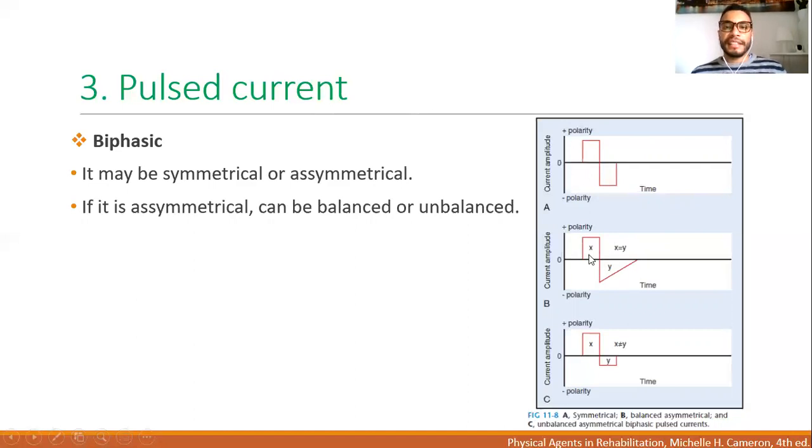But the area of the square is equal to the area of the triangle. So x is equal to y. So if the areas are the same, this current is balanced. If the areas, x, is different from y, this current is unbalanced, okay?